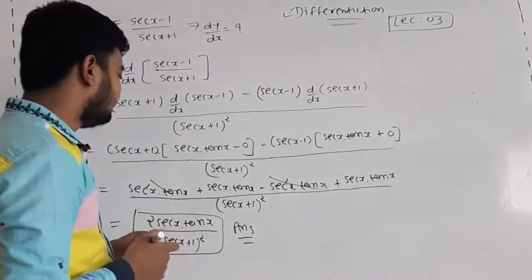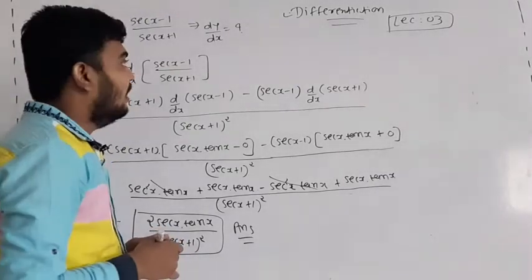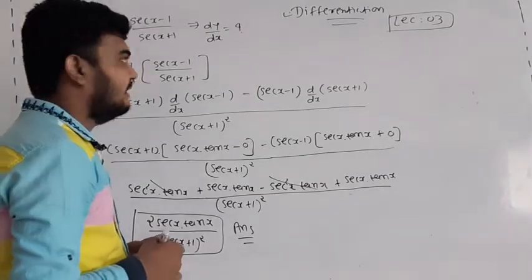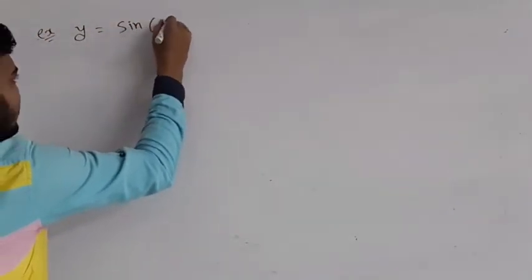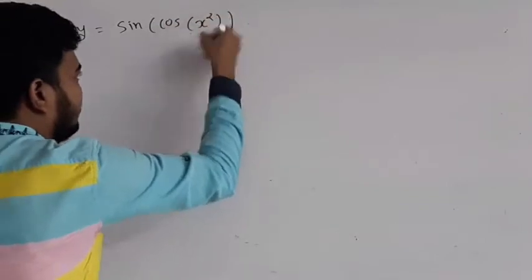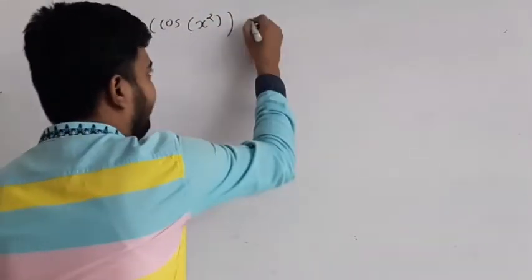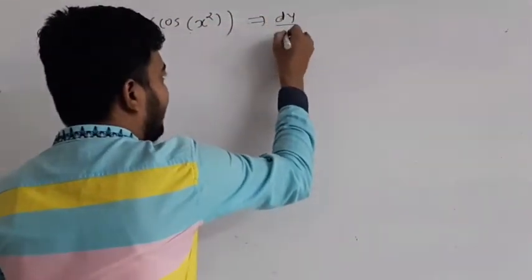Now taking another example for more practice. The next example is y is equal to sine of cos of x square, and find dy by dx.